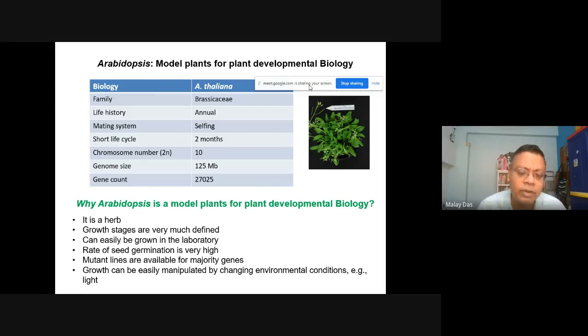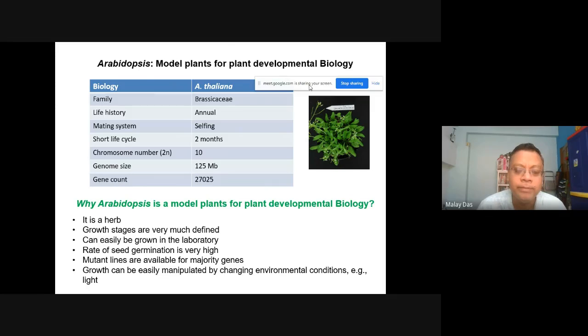The second important aspect of Arabidopsis is that it can easily be grown in the laboratory, and its rate of seed germination is very high, which is quite problematic for many of the perennial species, because they either cannot be grown in the laboratory setting, or their rate of seed germination is low, or not uniform.